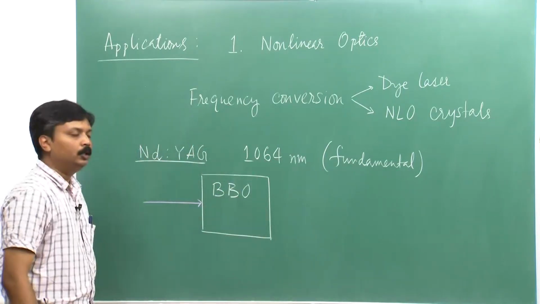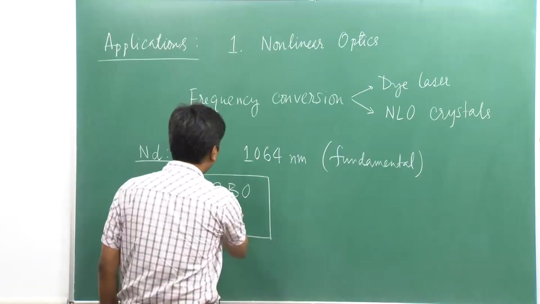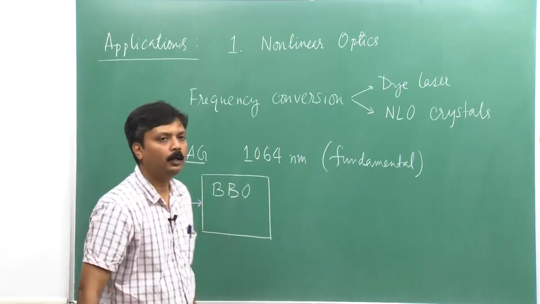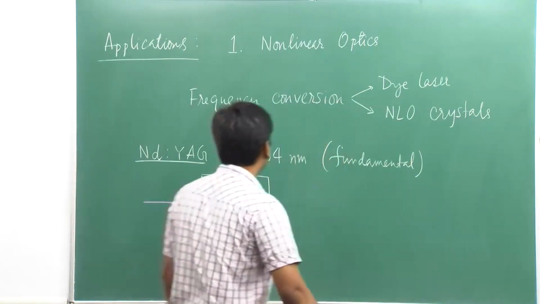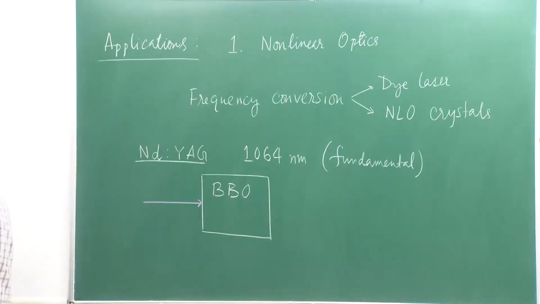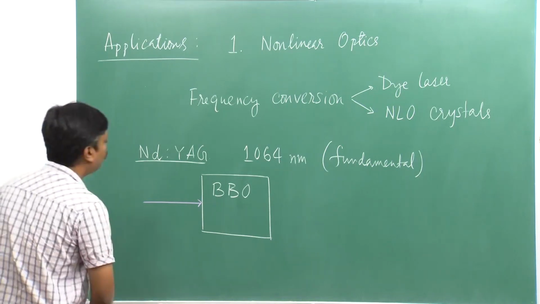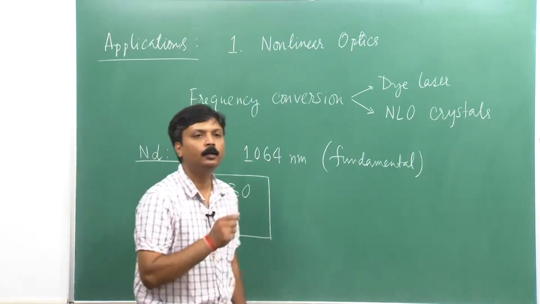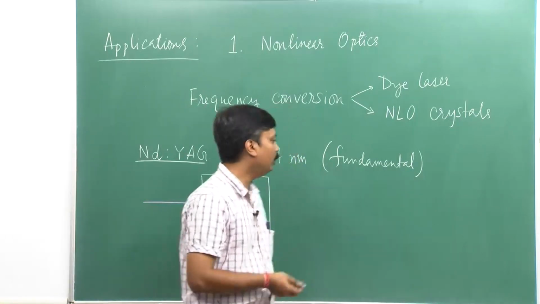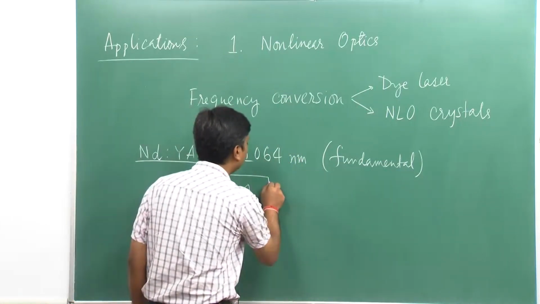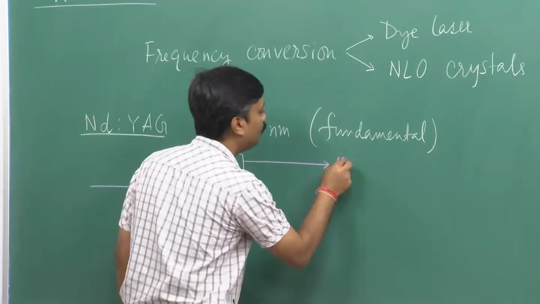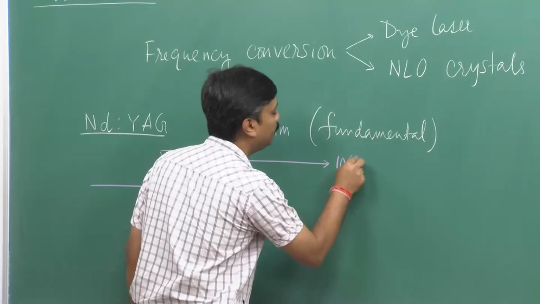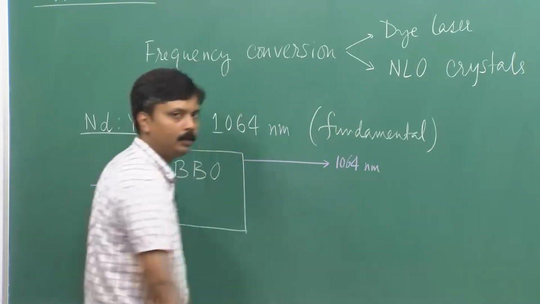When the light passes through this under certain conditions, at a certain angle, one can get several different frequencies. Of course, the light can also just pass through as it is, so one gets back the 1064 nanometer light unperturbed.